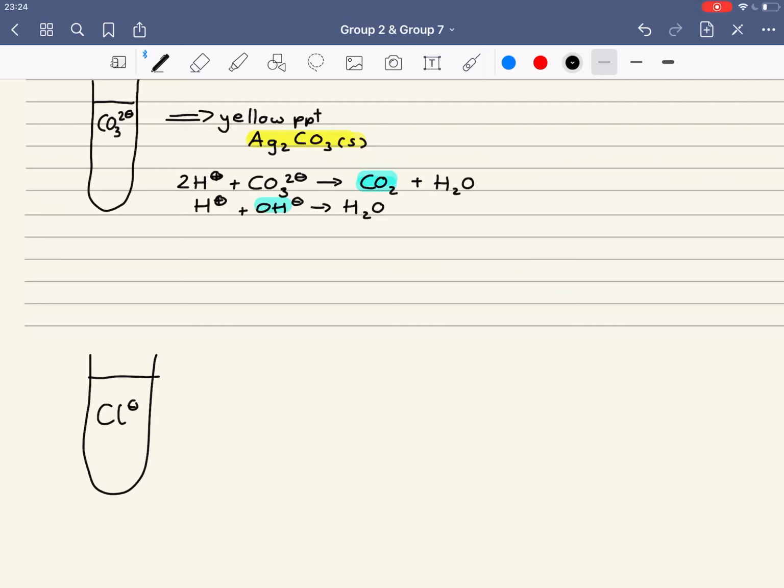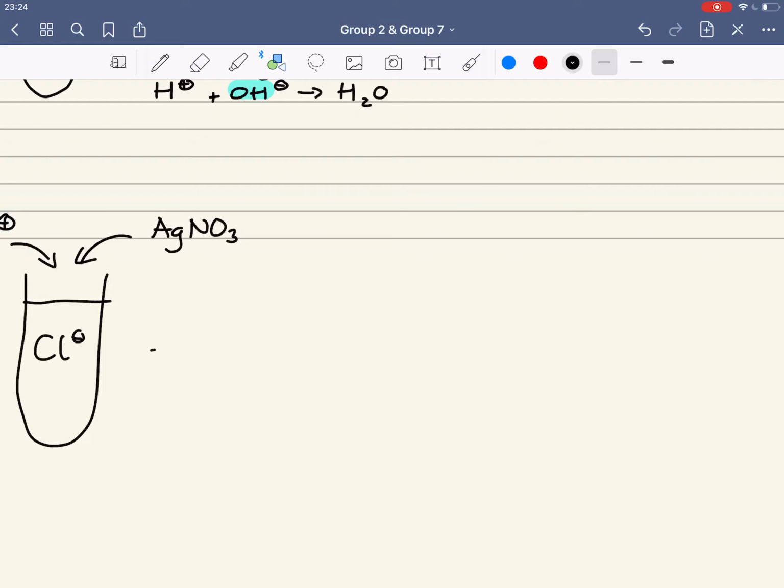You've added your H+, and then you've added your silver nitrate. What usually happens then is you will form a precipitate of silver chloride.